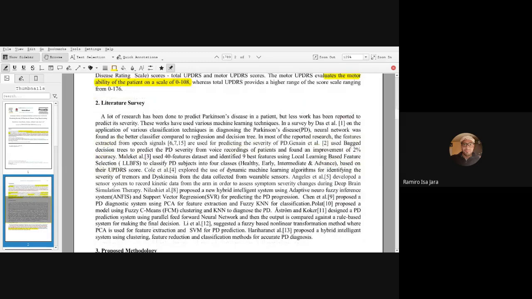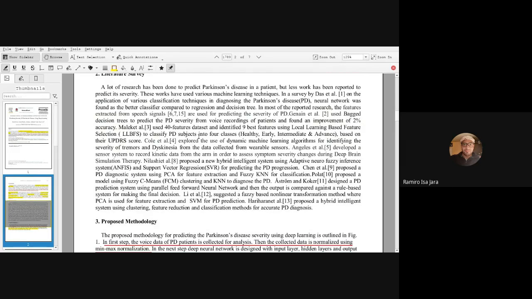Many researchers have developed work in order to evaluate this tool. For example, different machine learning algorithms are used, such as fuzzy means, support vector machines, neural networks, and other cases.